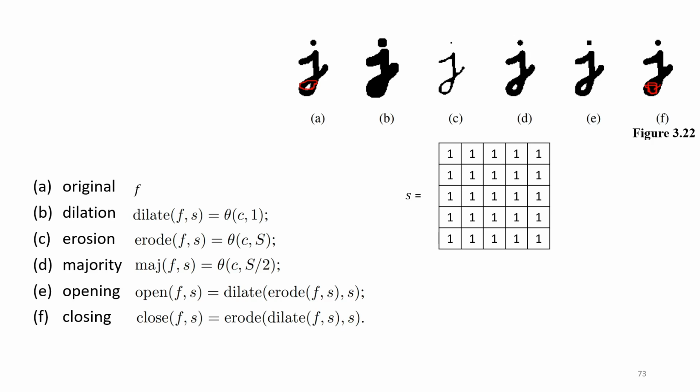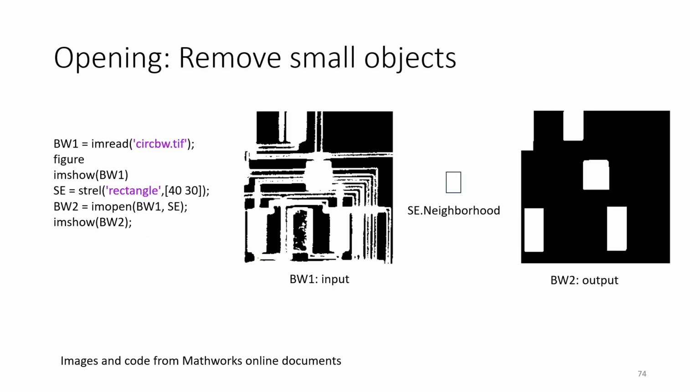Okay. And then let's see the example of opening, because in our textbook this figure is difficult to see the result of opening. Here is an example. Again, I use MATLAB to show the illustration. Okay, so I load this file, circuit black and white, from the MATLAB built-in images.